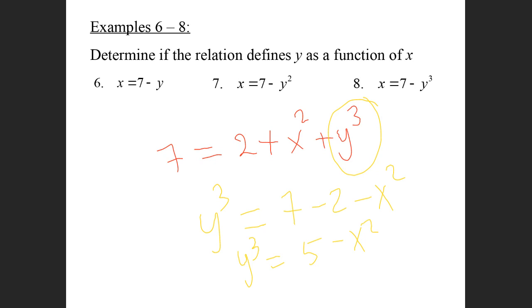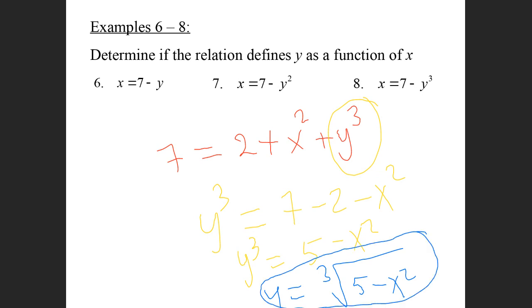When you take the cubic root, you end up with one equation representing y. I just said, when you have an equation, just look at y. I don't care about x. Concentrate on y. The power is odd, so I can take the cubic root without plus or minus.